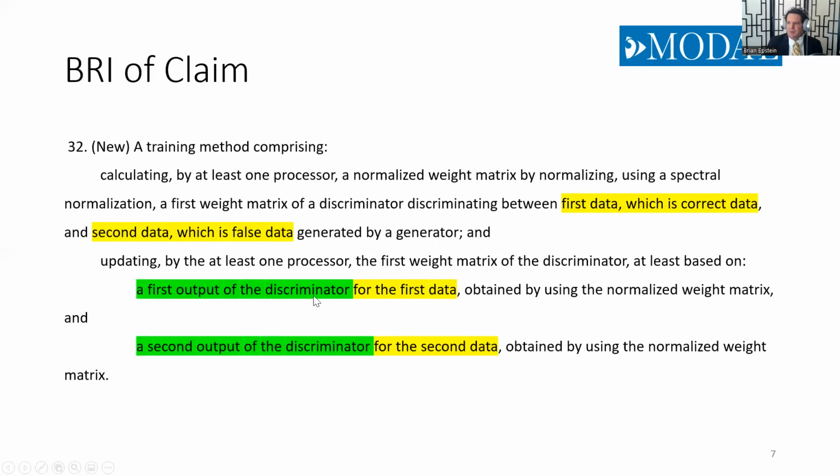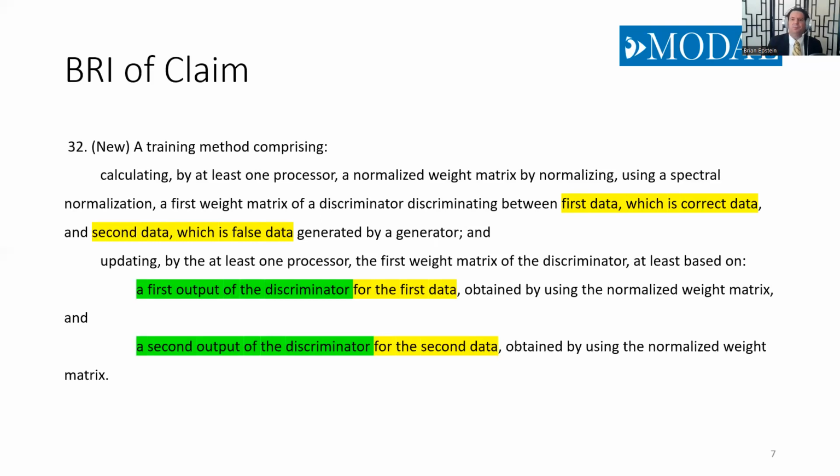It says the first output of the discriminator for the first data. A broad interpretation here is not limited to inputting the first data into the discriminator to produce a first output, right? That's probably what the applicant intended. Instead, any relationship of the first output to the first data can be for the first data, right?